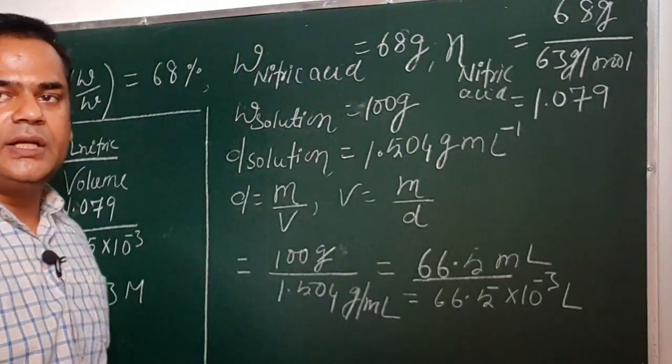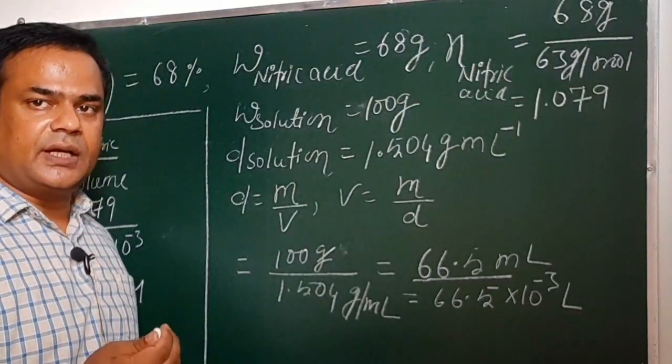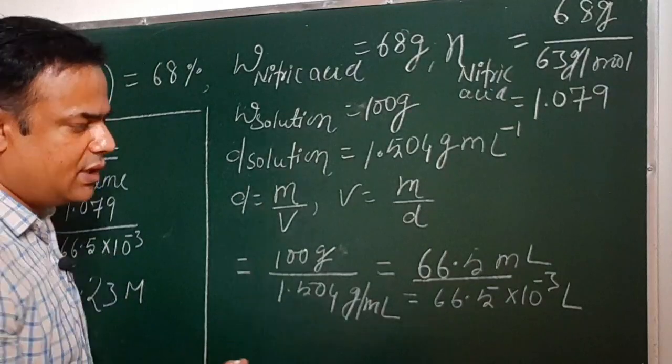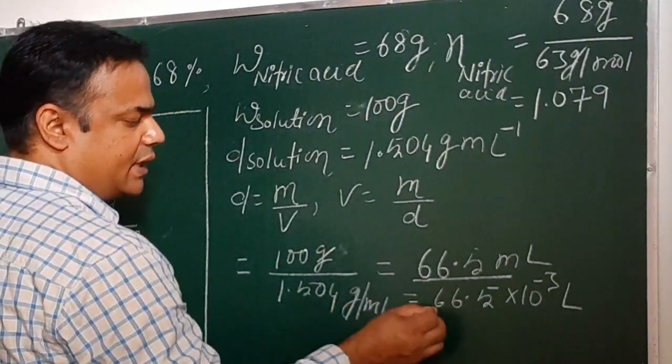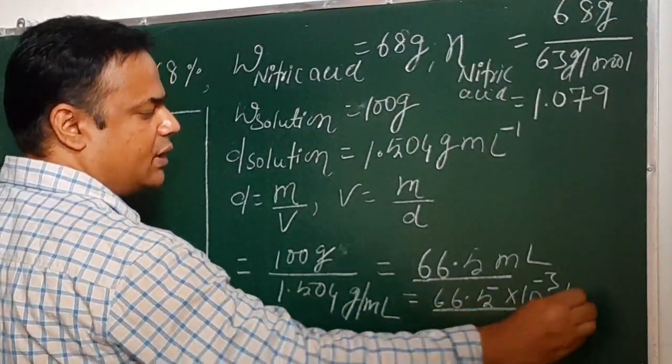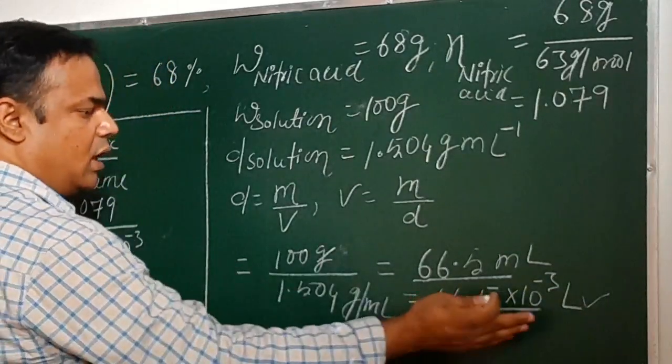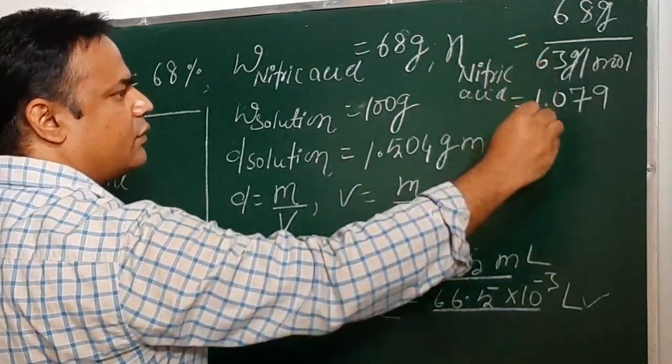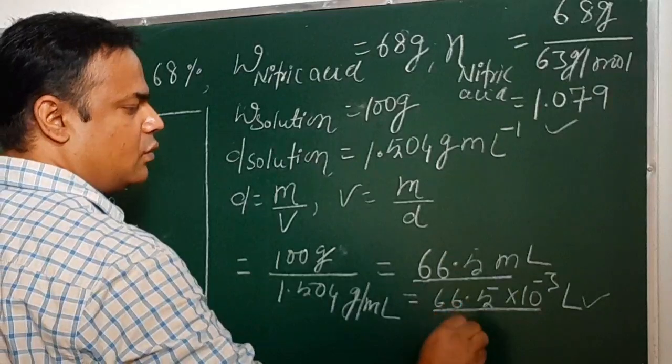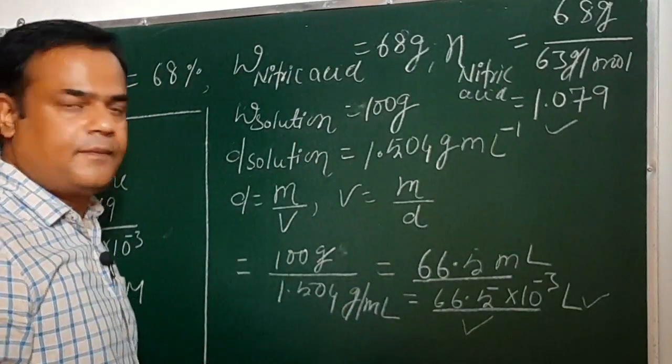To convert milliliter into liter, the multiplication factor is 10 to the power minus 3. So if we multiply by 10 to the power minus 3, we will get volume in liter. Now we have the number of moles from here, and here we have the total volume of solution.